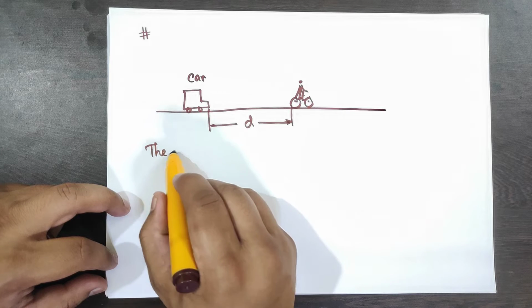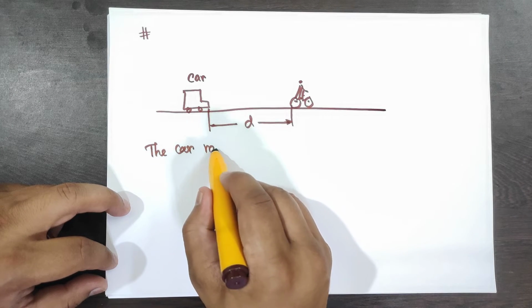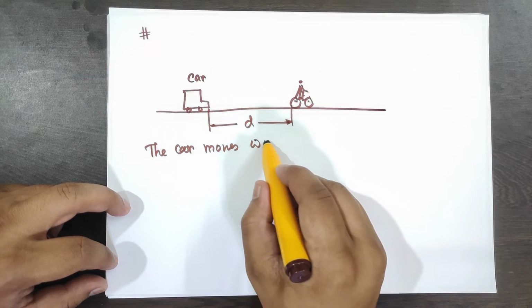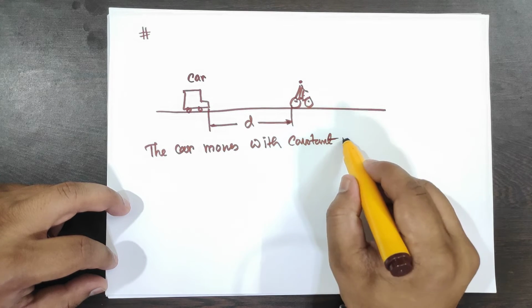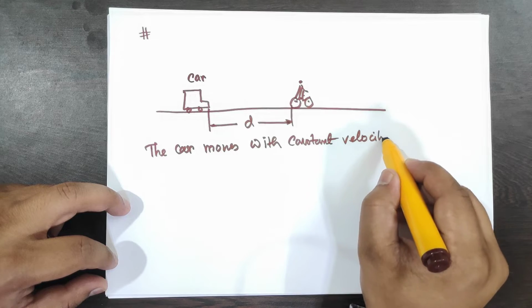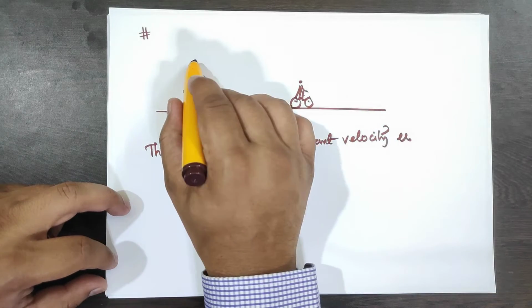The problem is that the car moves with constant velocity u, as shown here.